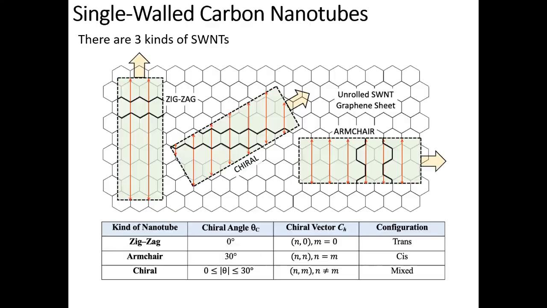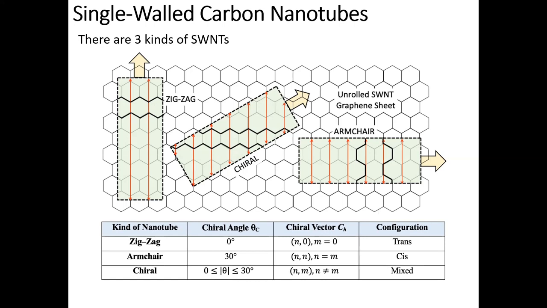Because what we're going to do is unfold the carbon nanotube. This is the graphene sheet. We're going to unfold it, lay it flat. So there are three kinds of tubes. One is where the longitudinal direction is along the apex of the hexagon. The other one is where, oh, I made it wrong.